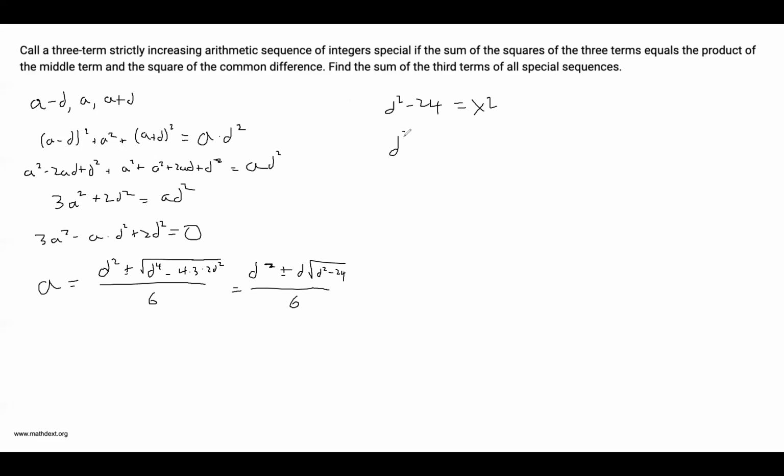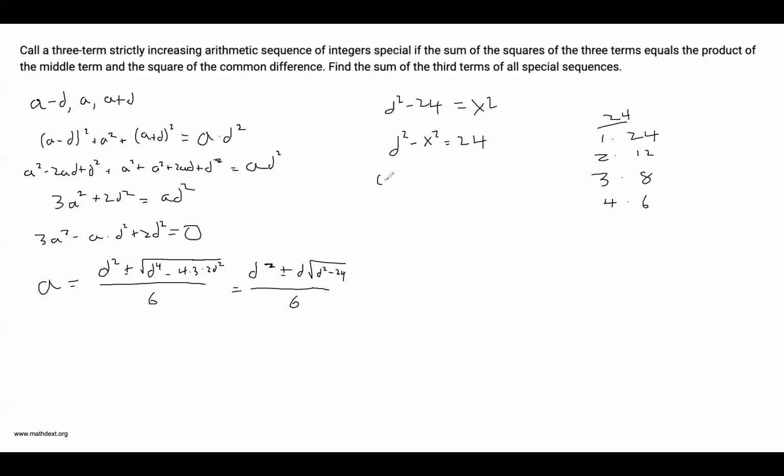Then we get d squared minus x squared equals 24, which means we need to write 24 as a difference of squares. So we have 24, and we can write this as 1 times 24, 2 times 12, 3 times 8, or 4 times 6.